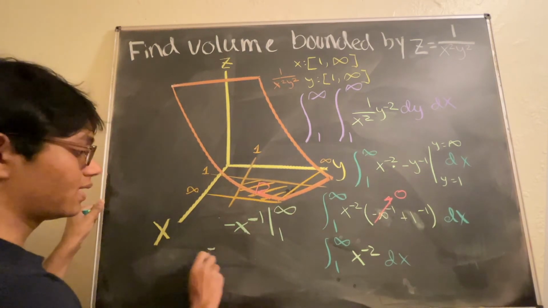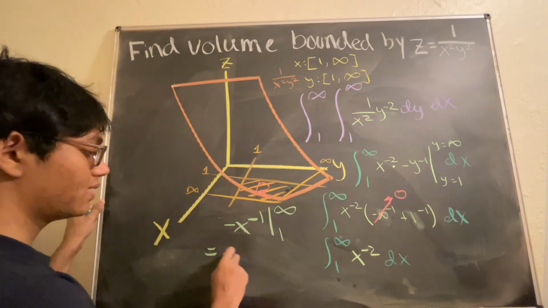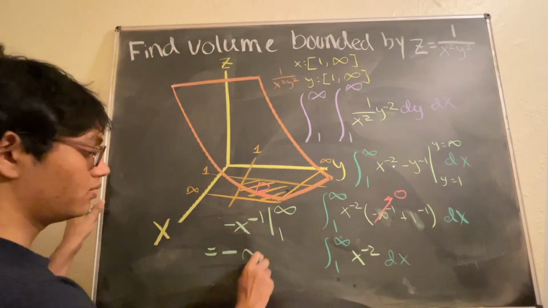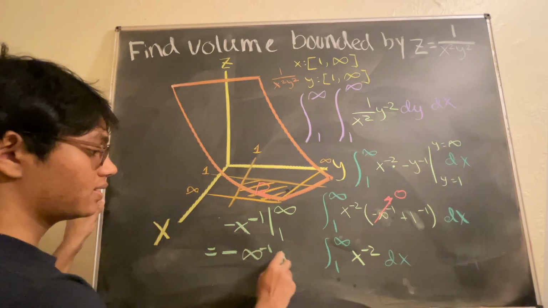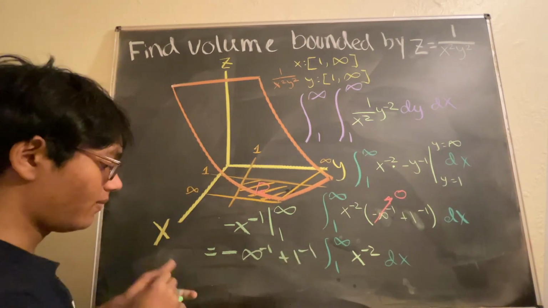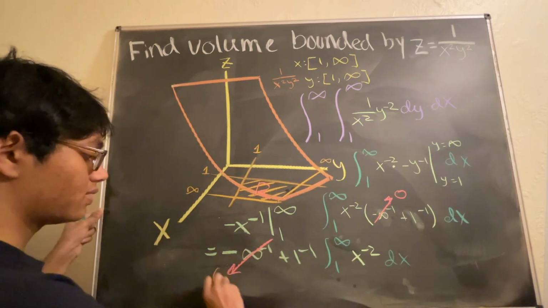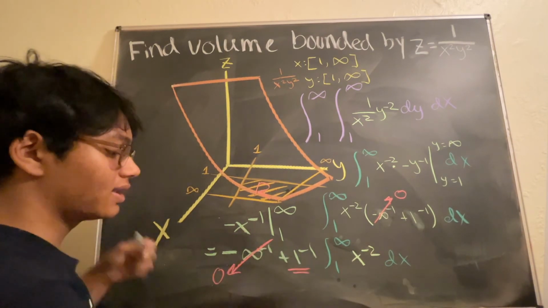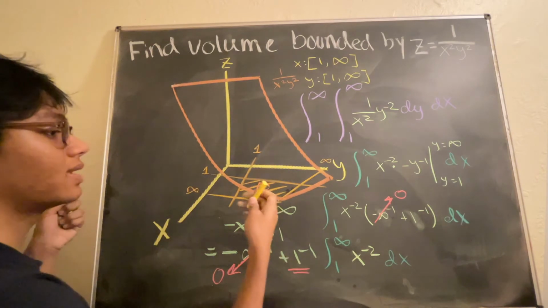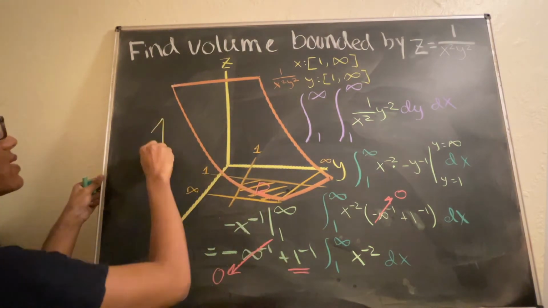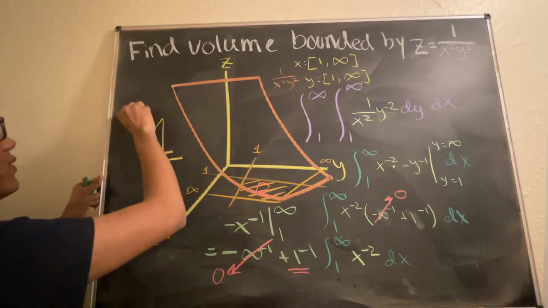So what is that going to give us? It's going to give us minus infinity to the negative 1 plus 1 to the negative 1. Infinity to the negative 1, we've already said, goes to 0. So we're left with 1 to the negative 1, and of course 1 to the negative 1 is just going to give us a final answer of 1.